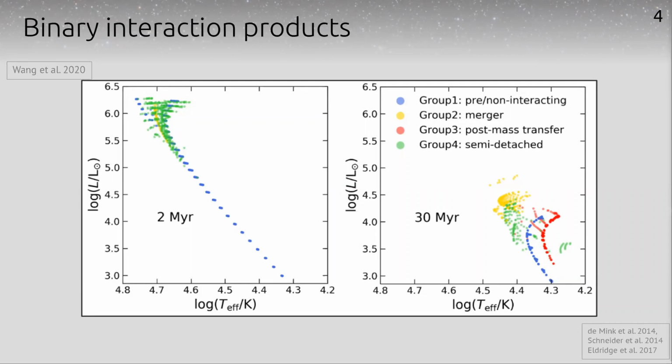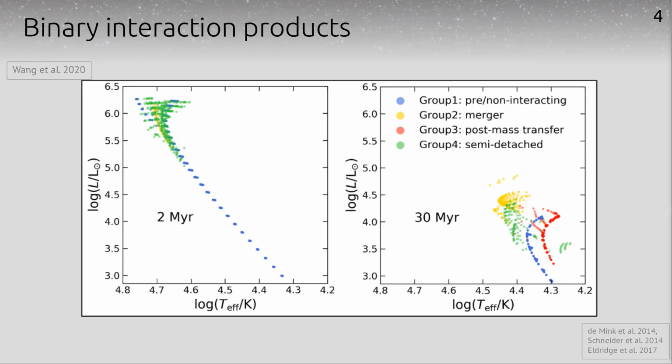So in a very young cluster, around 2 million years, most of the stars didn't have time to interact yet. So we see what we would assume to see for a population of single stars, which is one main sequence, which is shown here by the blue dots. And actually there's way more blue stars, but they're just hidden basically on top of each other in the way this is plotted.